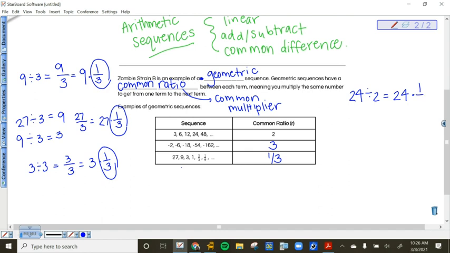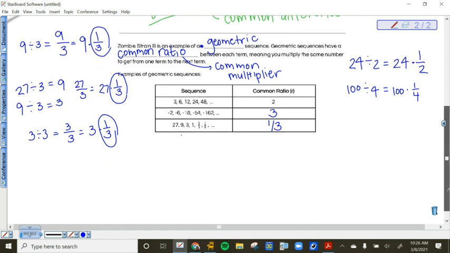So multiplying by 1 over 2, multiplying by 1/2. 100 divided by 4 is the same thing as 100 times 1 over 4. So every single division problem is also a multiplication problem if we just rearrange it a little bit. Okay, all right, let's go on to the next page.